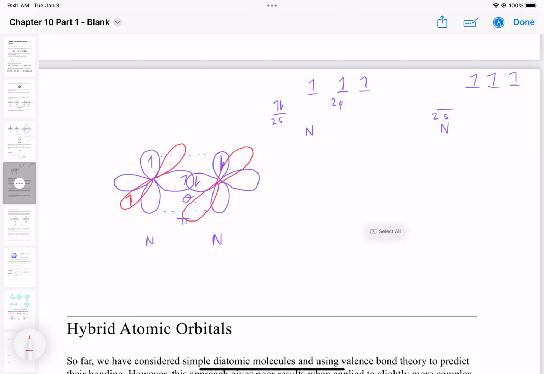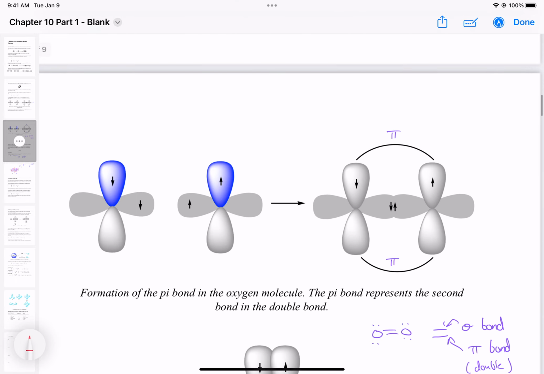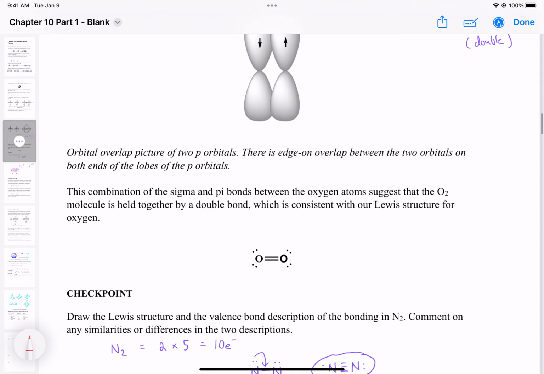And now this bond, we're going to connect to the other set of pi bonds. So the triple bond is going to be this interaction between the sigma bond and the set of pi bonds. So that's a triple bond. Okay. So that will give us our sense of where the bonds are for this molecule, and it looks very similar to what we've drawn up here for oxygen.